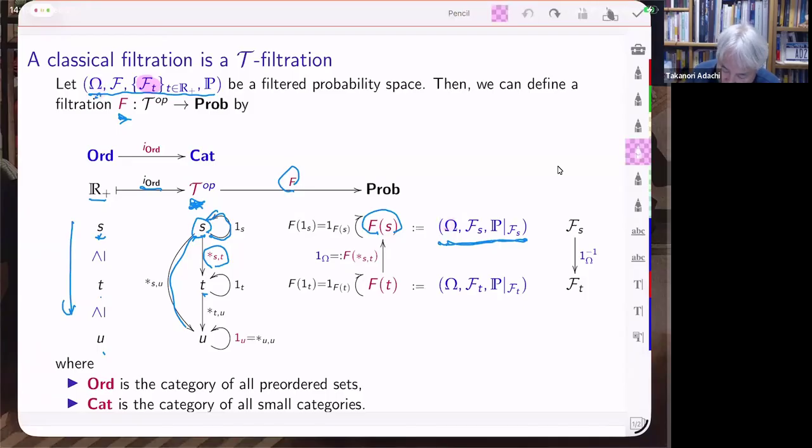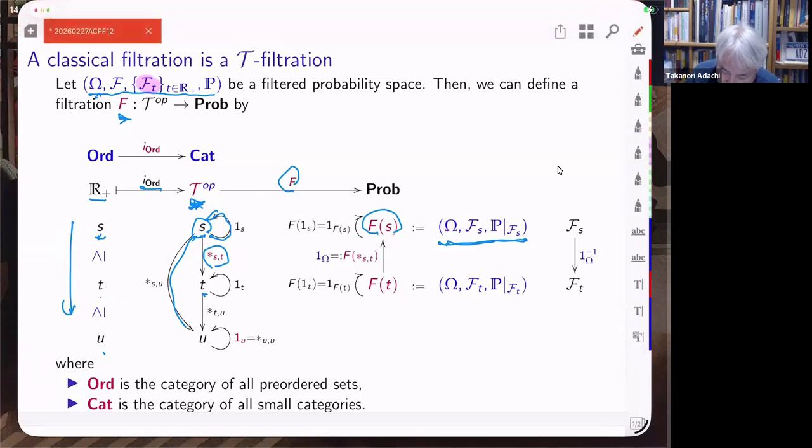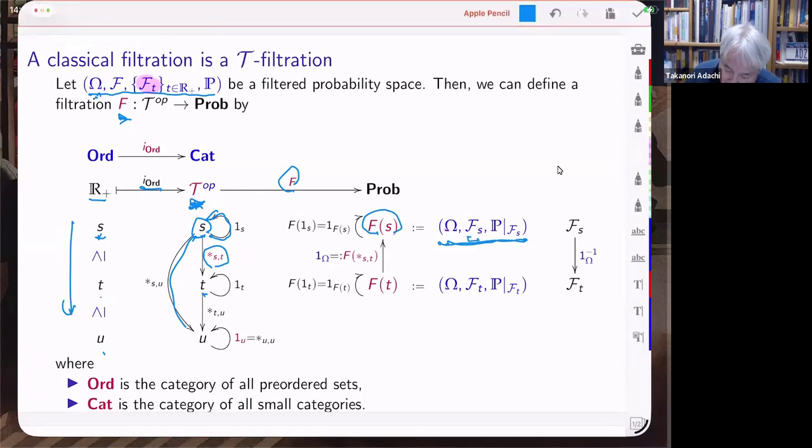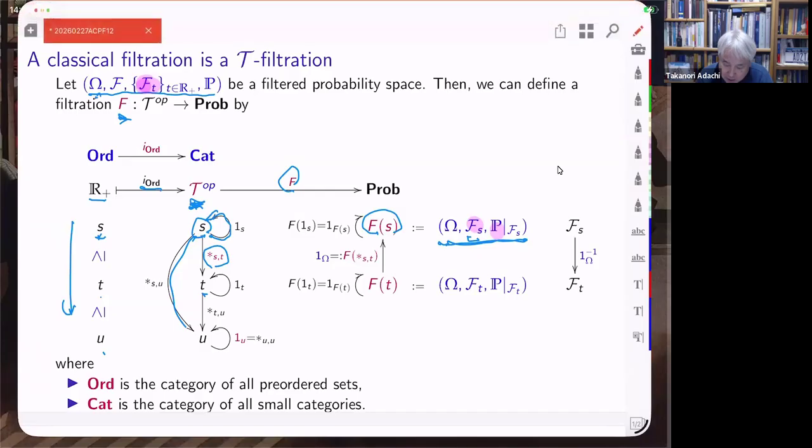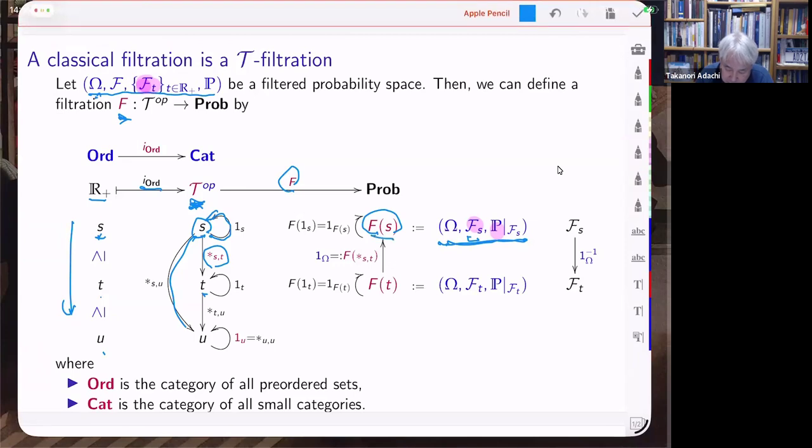And then how about the sigma field, which is F sub S? F sub S is taken from the original classical filtration at time S. And then the probability measure P is the same P, but of course its domain is restricted to F sub S. Okay, so in this way we can define the probability space.